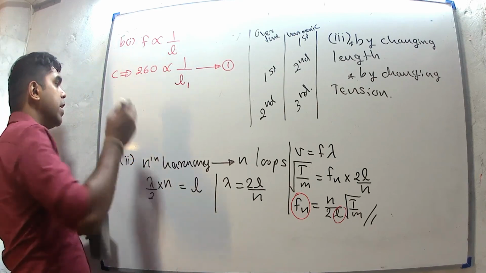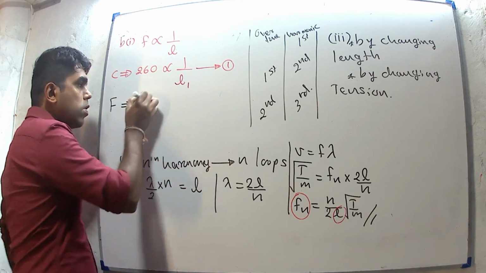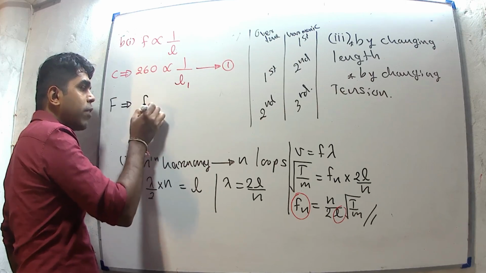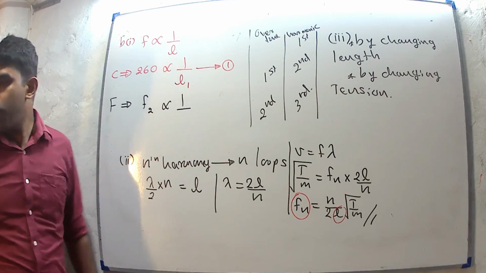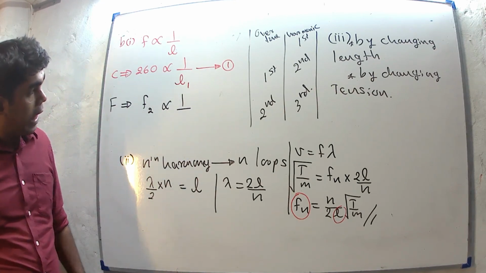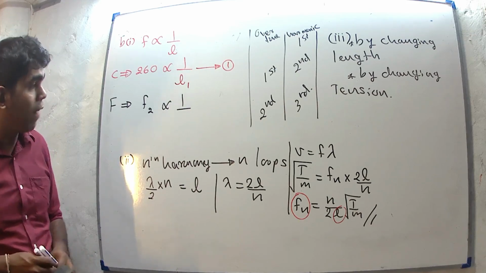Then I will consider F. I will get the fundamental frequency F2 inversely proportional to 1 over the length of the wire.